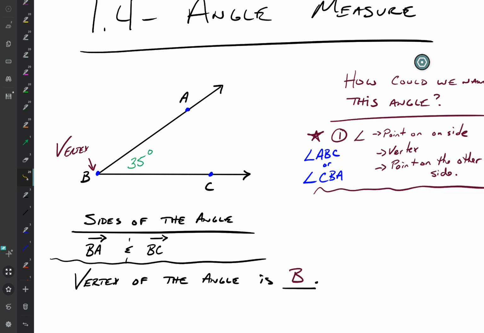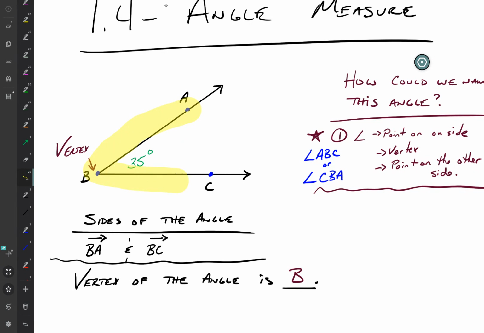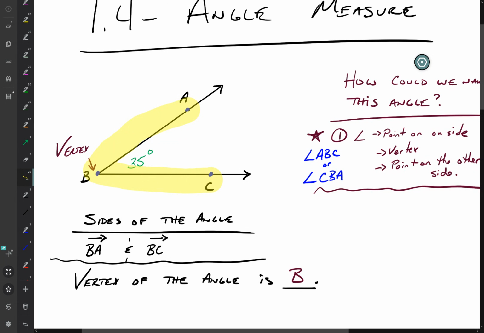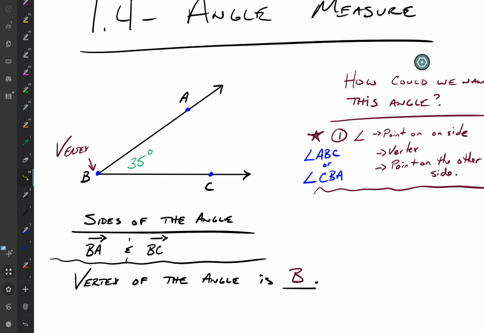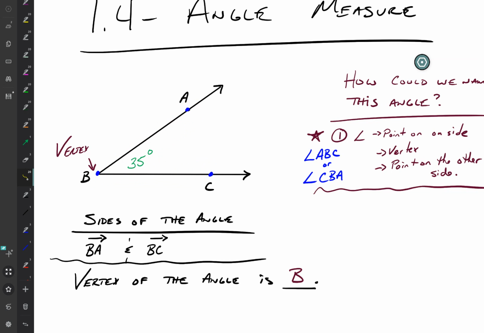If I was giving you directions how to draw this angle, I would tell you to start at what? A, right? Then go to what? Then go to what? Did I just draw that angle? You guys see what I'm saying? That works out. The other way I could do it, I could say start at what? C, then where do I need to go? And then where do I need to go? And that draws the angle.